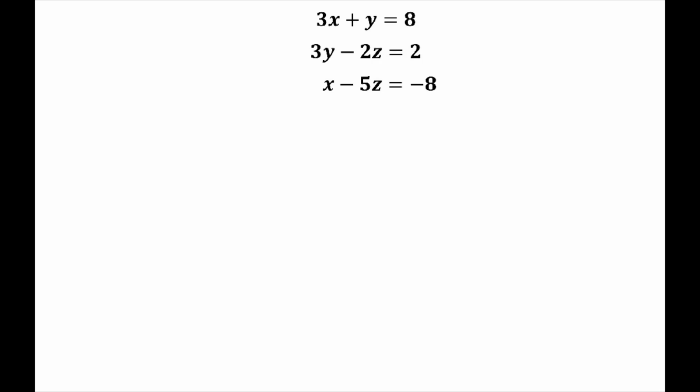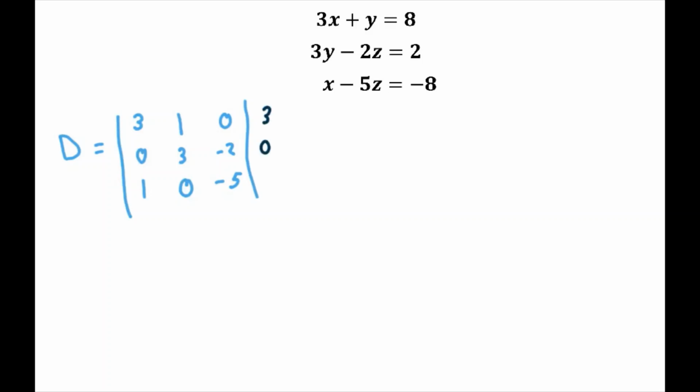Now on this question, let's find the determinant. So let's create the matrix. So 3, since I don't have an x term on the second equation, I'm going to replace it by 0. Then I have 1 for y, 3, and again I don't have y in the third equation. I don't have z. Copy the first two columns and cross.